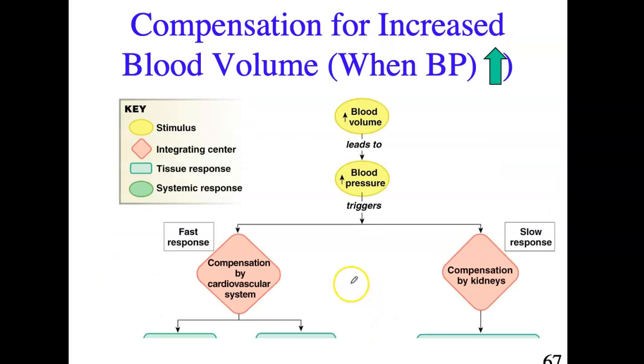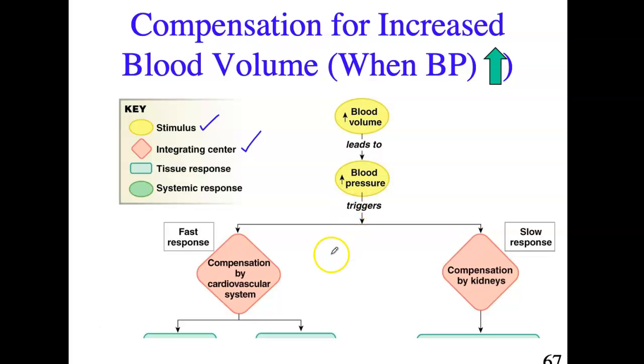So there are compensation mechanisms for high blood pressure under conditions, for example, of high blood volume. So let's say we have blood volume that is increased here. Remember, that's the stimulus. We go back to our aquarium here. And that high blood volume is going to result in high blood pressure. And that needs to be detected by some sort of integrating center.